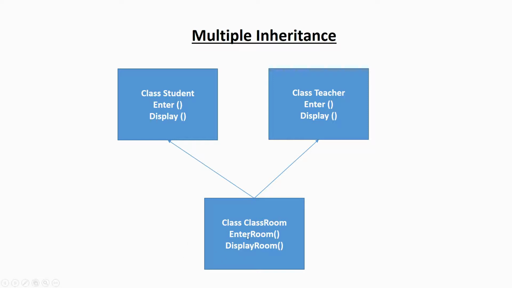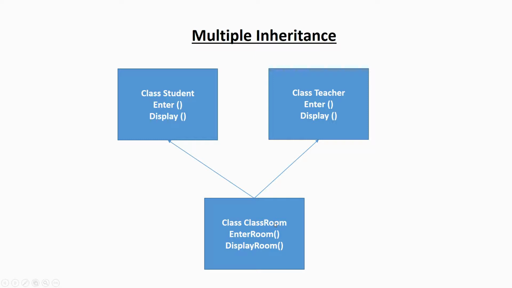If I create an object A of the class classroom, since this is a derived class derived from class student and also from class teacher, all the member functions of class student and class teacher are accessible through the object of classroom, right?